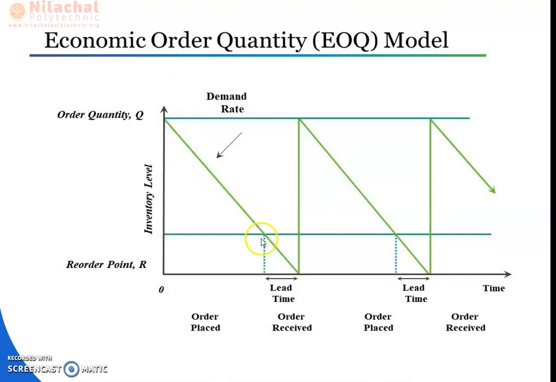Before that, there is a point, and the consumption rate goes from maximum to the minimum or reserve stock. Before that reserve stock, when the quantity reaches the average quantity, that is half of the quantity, you are going to make an order, and at that point we have to make a requisition order.